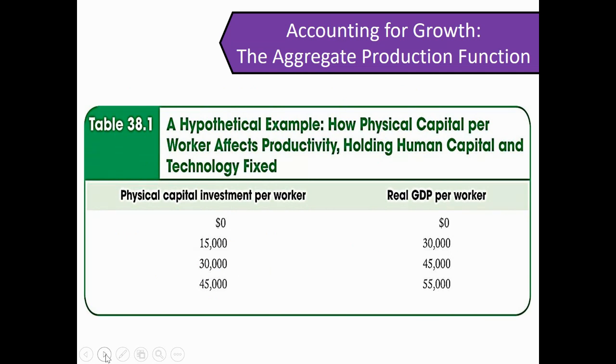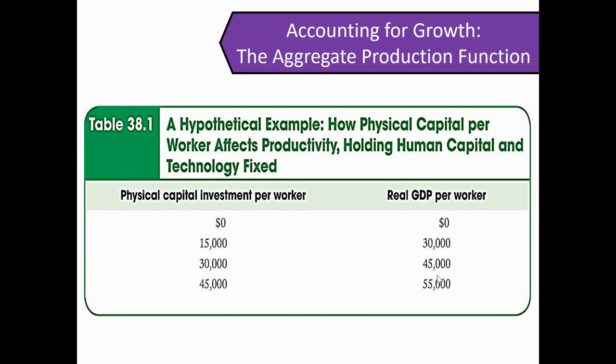So if we take a look here, when we go from no physical capital to a $15,000 physical capital input, we get a $30,000 real GDP output. But then when we go up to $30,000, we only go up to $45,000. And when we go up another $15,000, we only get a $10,000 increase in real GDP per capita for the workers.